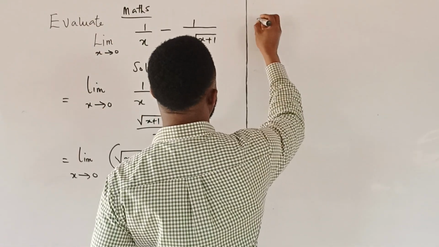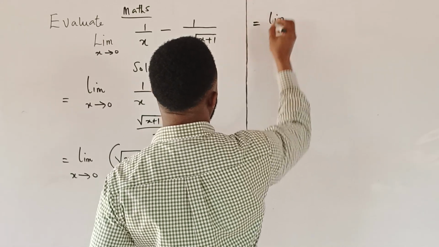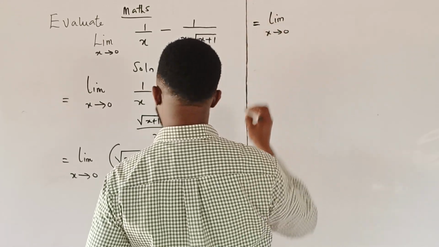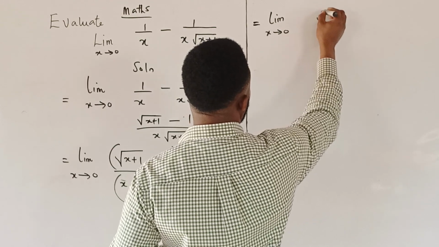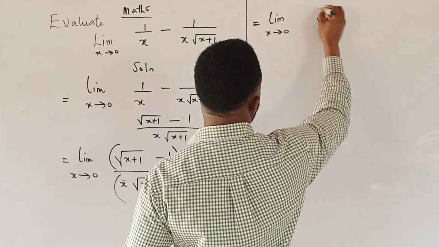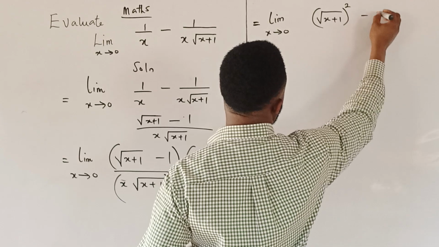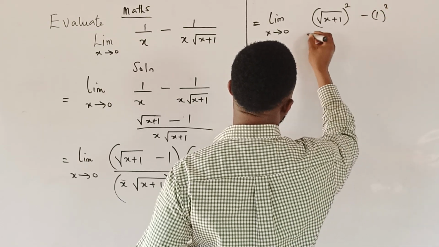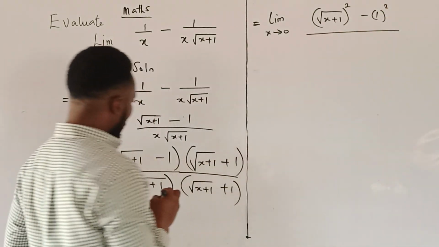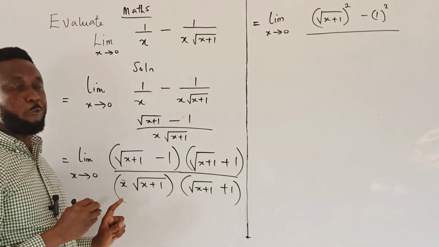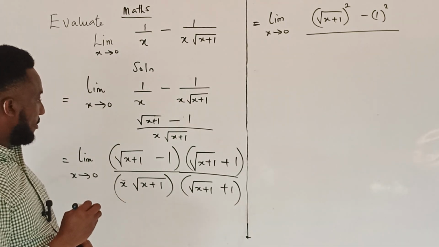So we are going to be having limits as s approaches, or tends towards, 0, the square root of s plus 1 all squared minus 1 all squared upon, and here we are going to be very careful with the denominator.